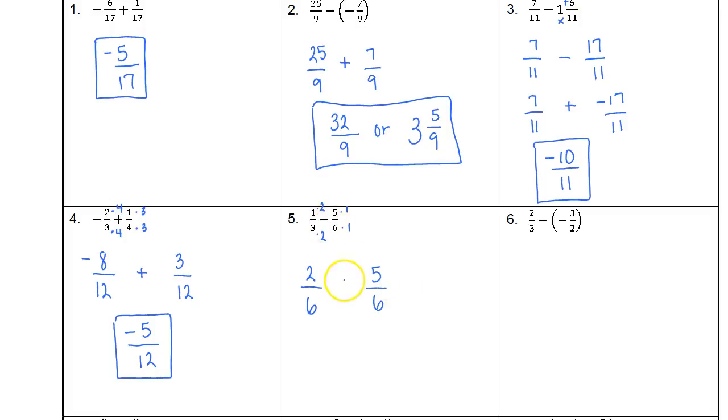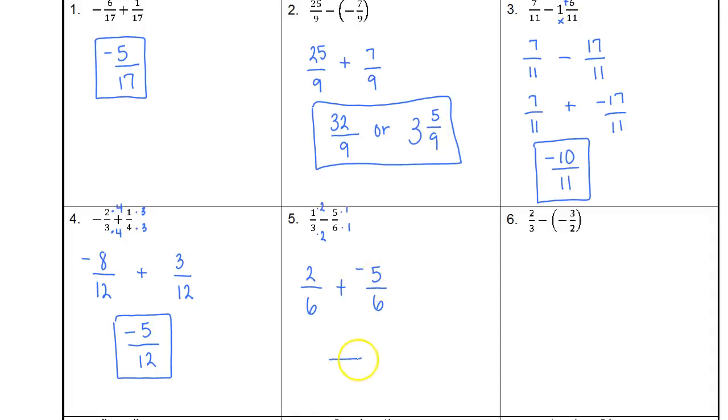I can bring down the subtraction sign, but like I said earlier, it makes it a little clearer if I rewrite subtraction as addition of the opposite. So instead of minus 5 over 6, I'm going to change it to plus negative 5 over 6.